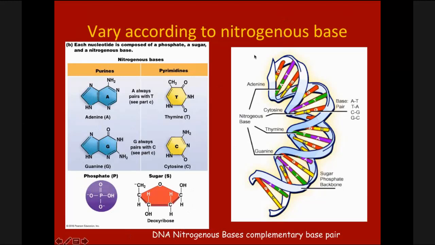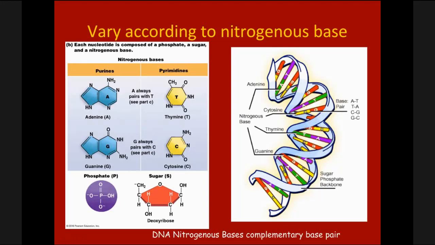Now, if we take a look at DNA, DNA is actually going to be 2 strands of nucleotides that are interacting with each other, binding with each other. We see DNA illustrated like a ladder that's then been twisted.